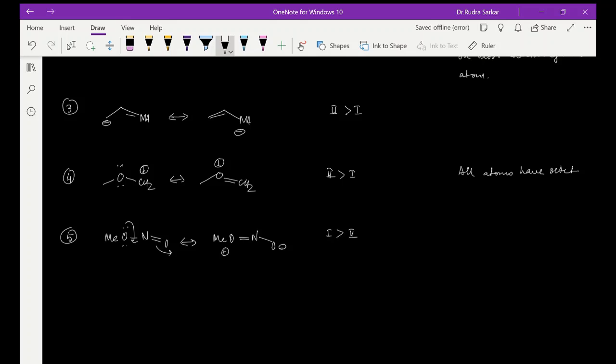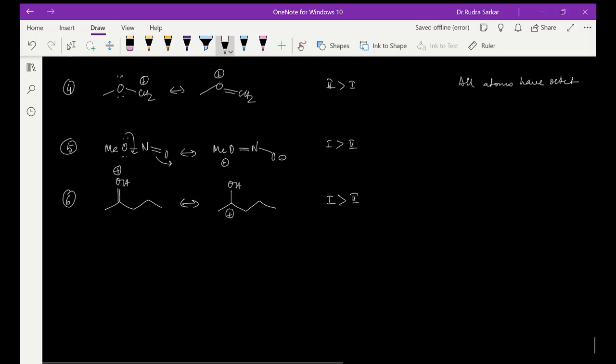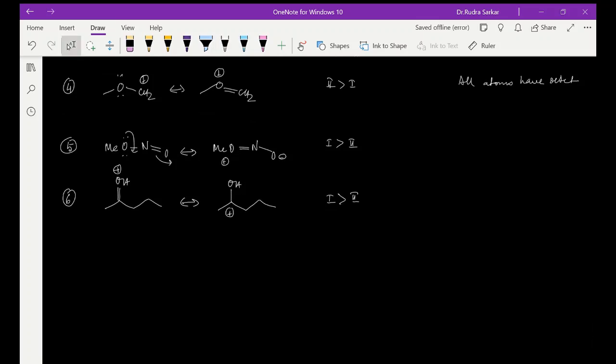Again, the same reason: neutral structures are more stable than charged structures. In the following, one is more stable than two. In one, we have all the atoms in octet, but as you can see, this carbon is not having an octet configuration.